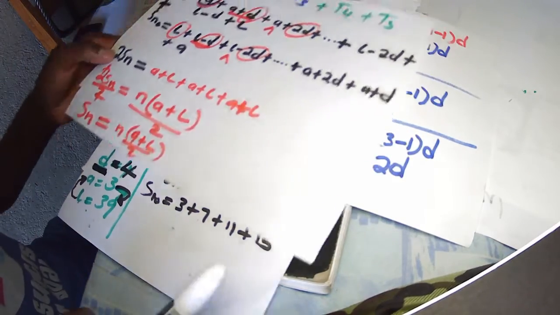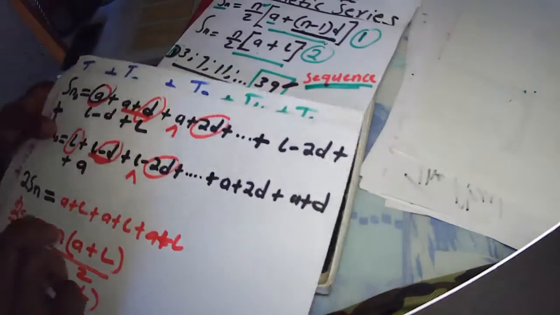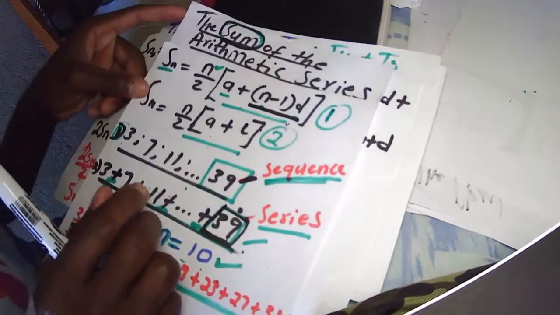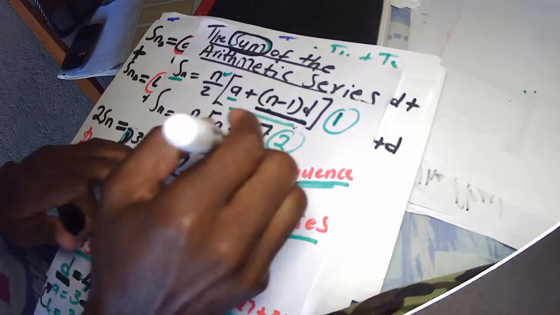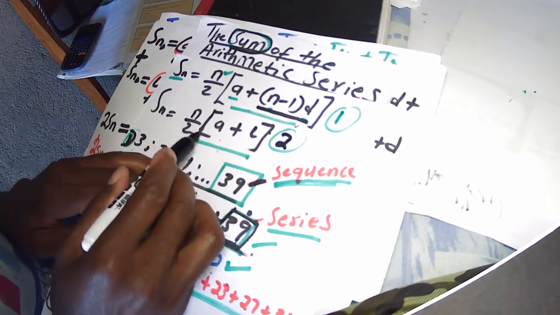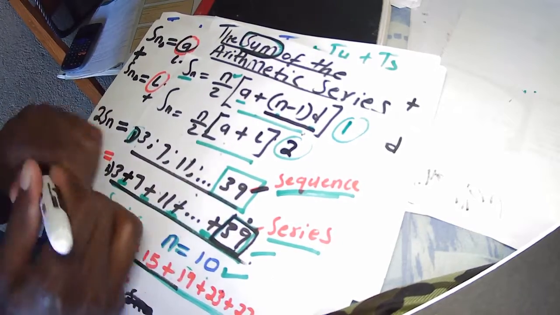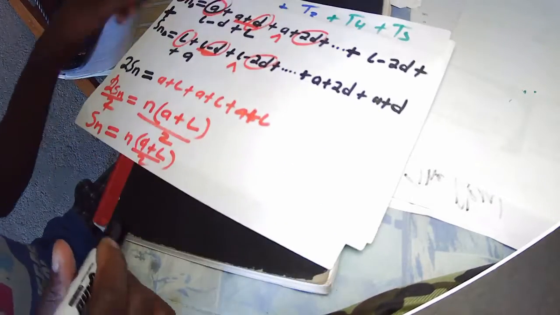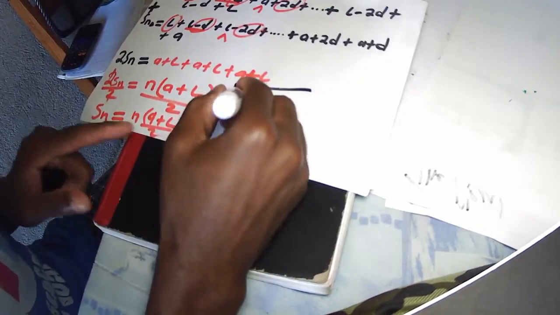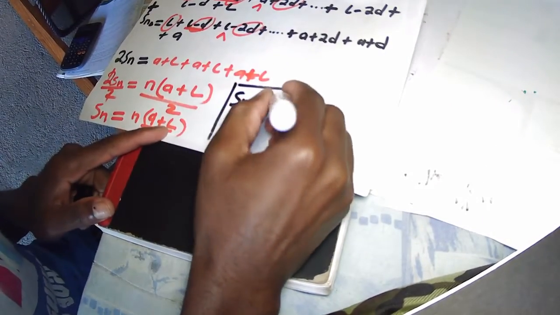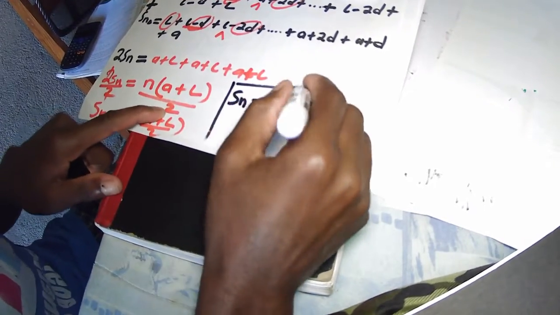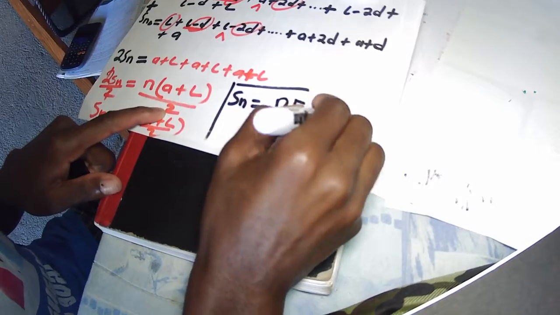This is the second formula. If you look at our example, it is this formula, n divided by 2 times (a plus l). It is the same as mine here. Sn is equal to n, so the 2 we can bring it here, n over 2 times (a plus l).